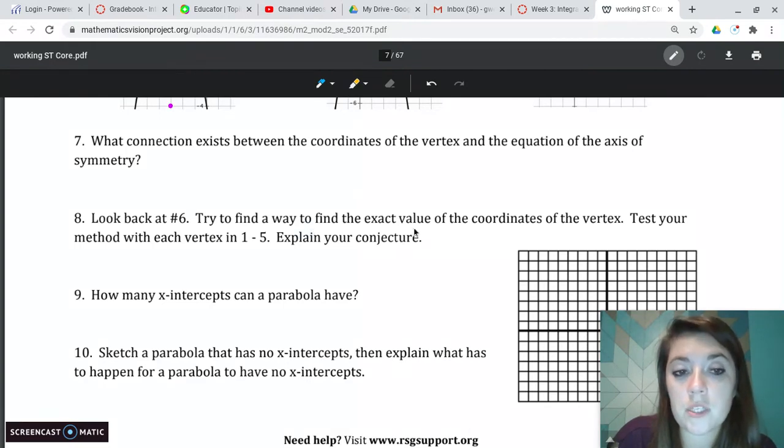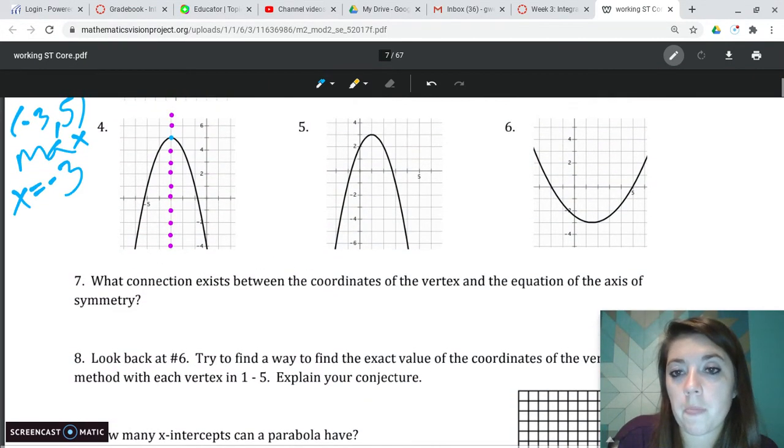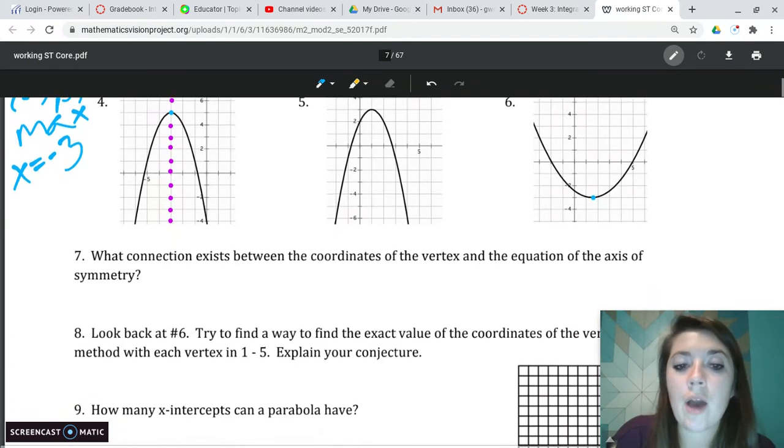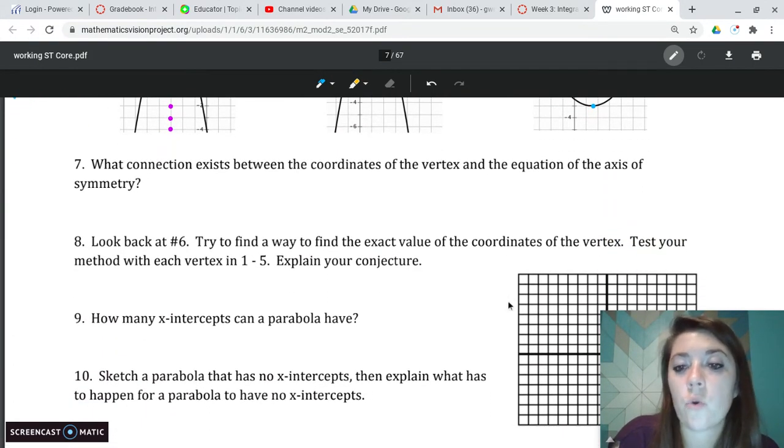Obviously, we didn't do number 6 together, but sometimes the vertex doesn't exactly line up on grid lines. So this would be our vertex right here. So how could we find the exact coordinate of the vertex?